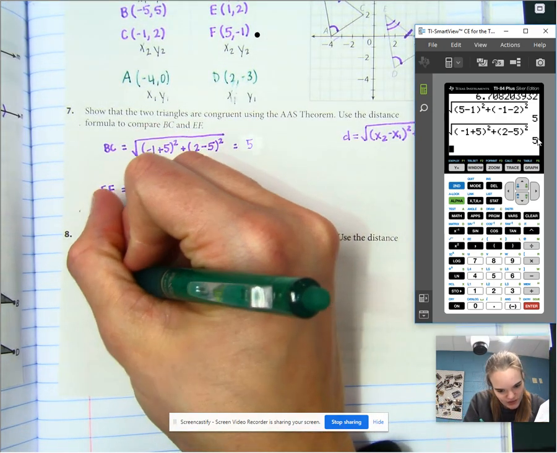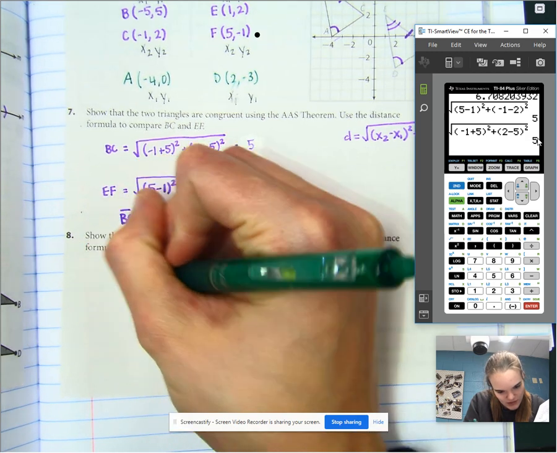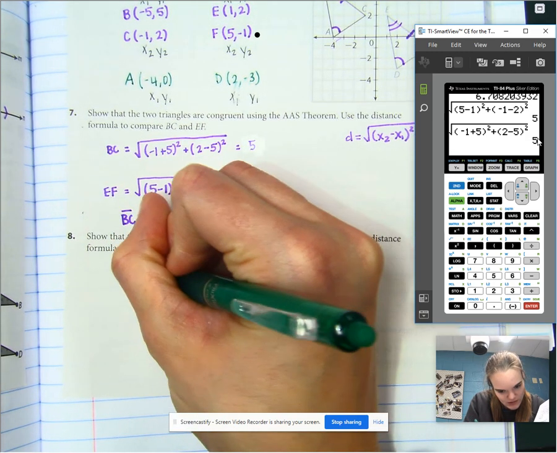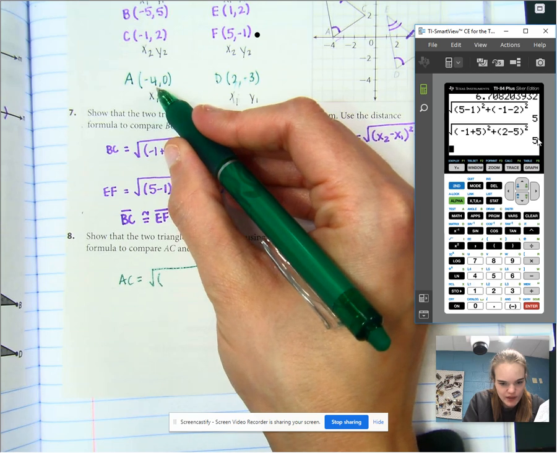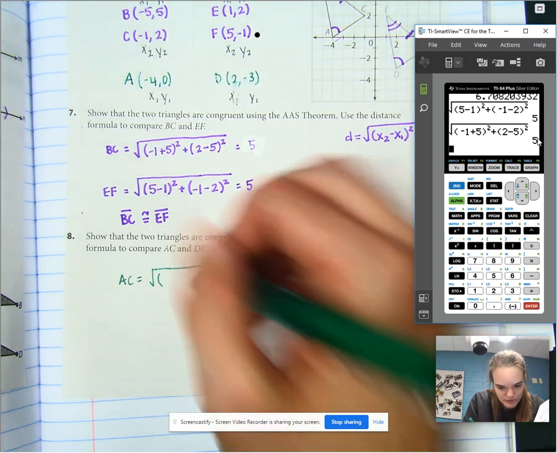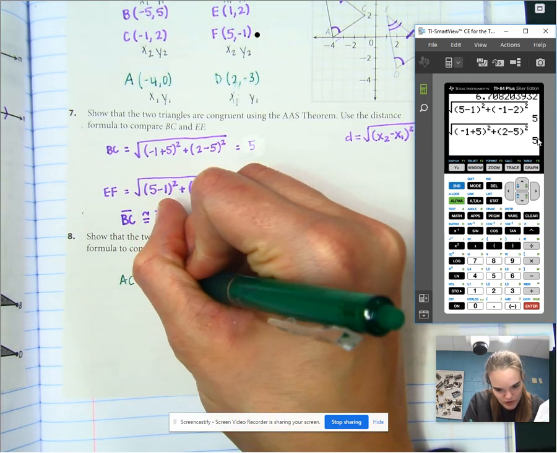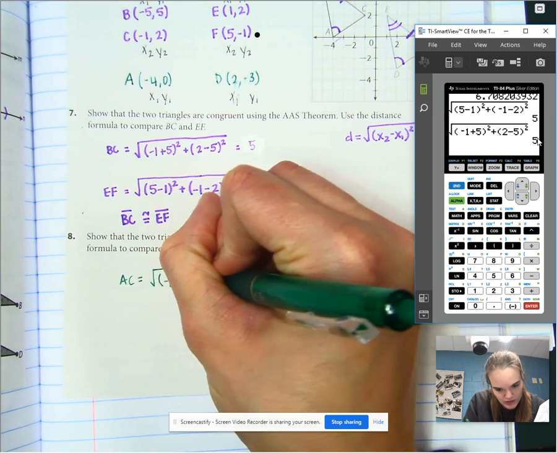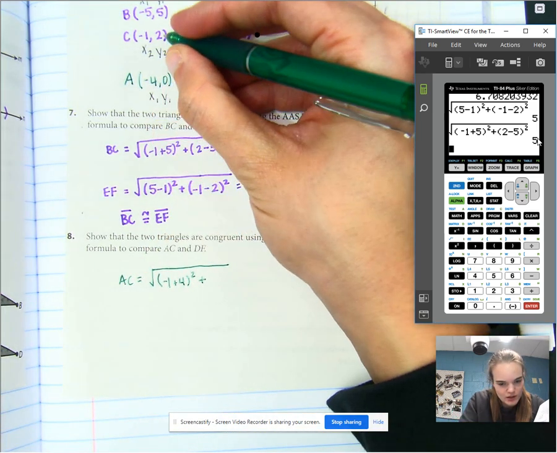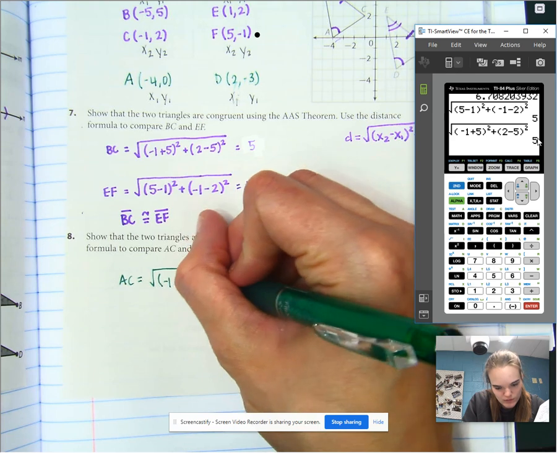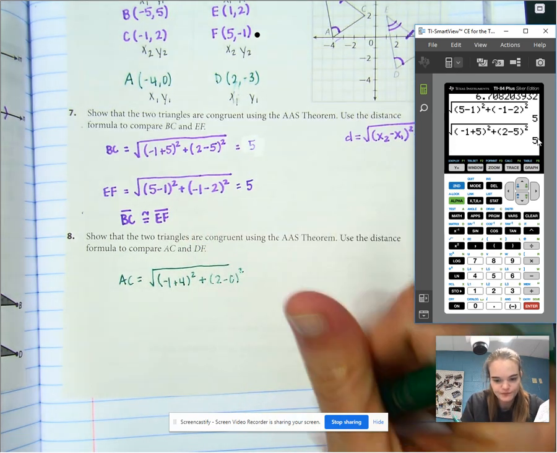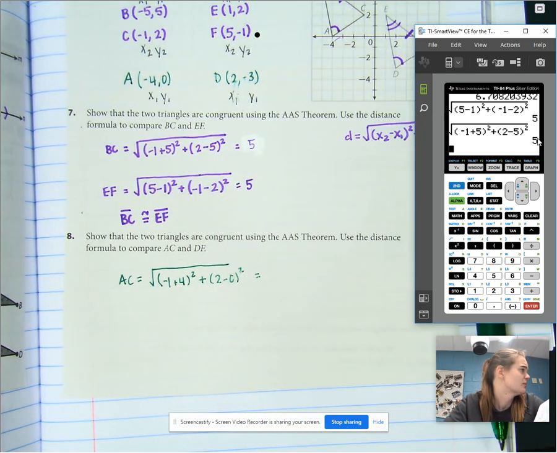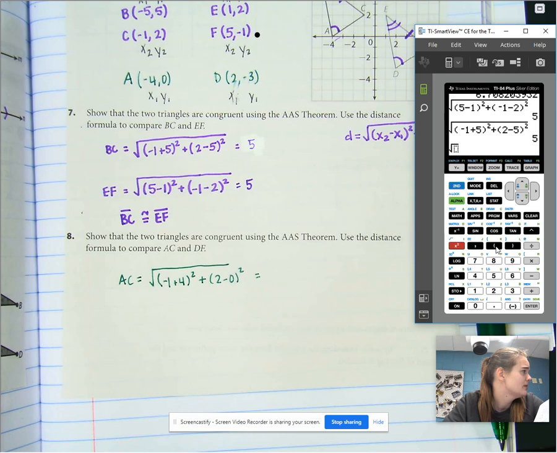All right, so AC: negative 1 plus 4 squared plus 2 minus 0 squared. Just make sure I type it in the calculator appropriately. The only bad thing about this not being in real time is you can't say, wait a minute, you messed up.